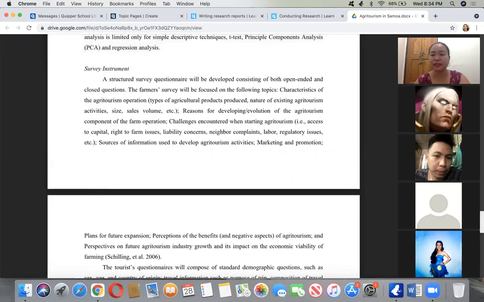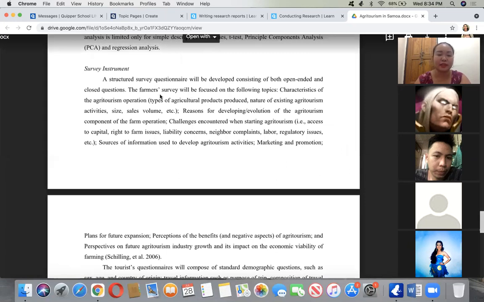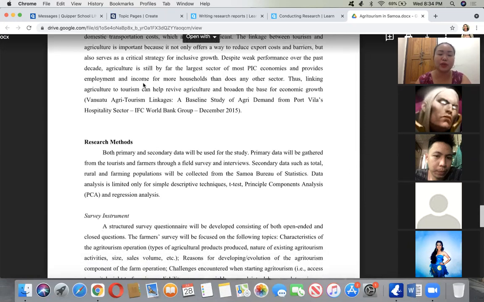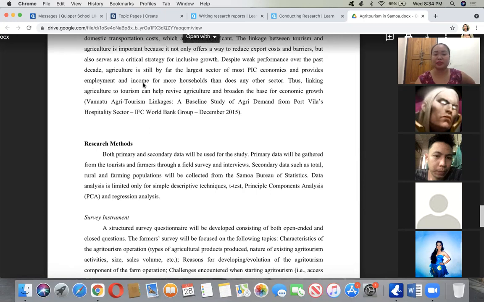So for the survey instrument, we all know we already have research methods, aside from the introduction and the abstract. In this case, this is still a proposal, so no abstract for now and also no results. So we only had the introduction and also the rationale and the review of literature.